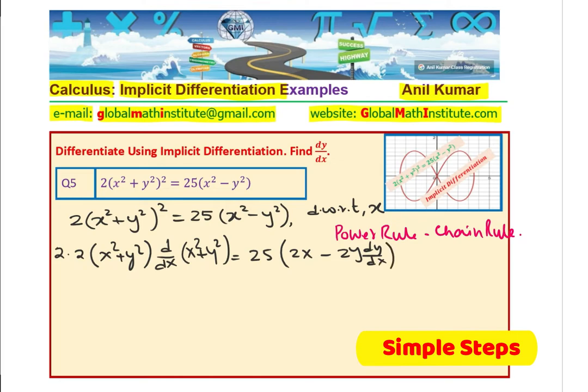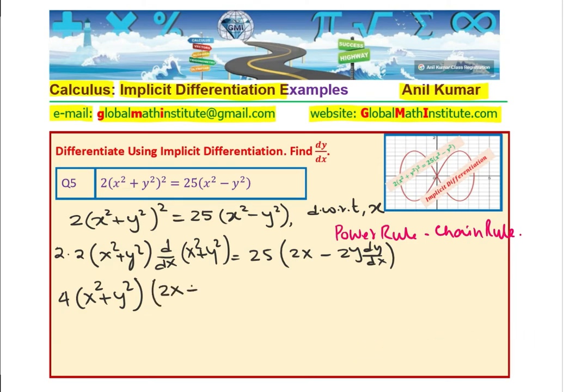Okay, so let's simplify, find the derivative of x squared plus y squared. So we get 4 times x squared plus y squared times derivative of x squared plus y squared is 2x plus 2y dy dx. That is implicit differentiation.